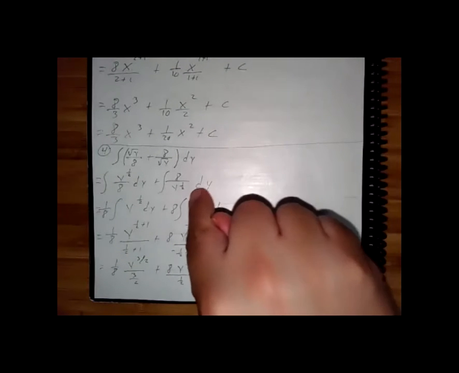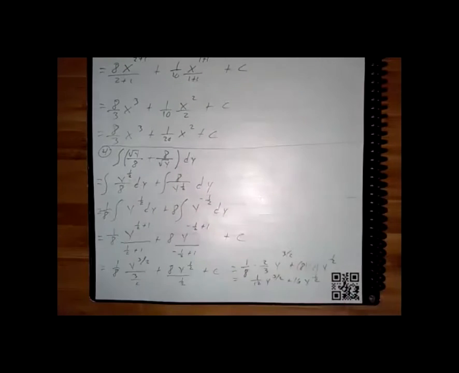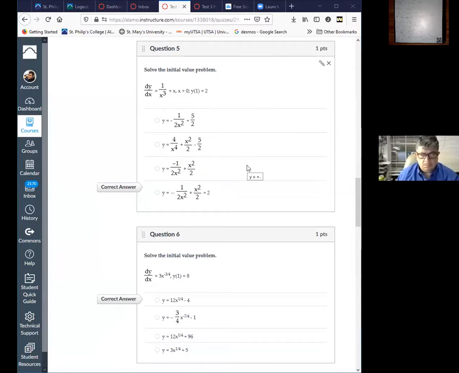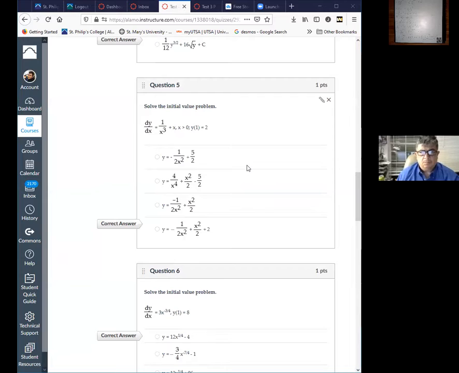So always start this way. If you have a variable on the bottom, make sure you move it to the top before you start in the antiderivative step. Any questions on 4?